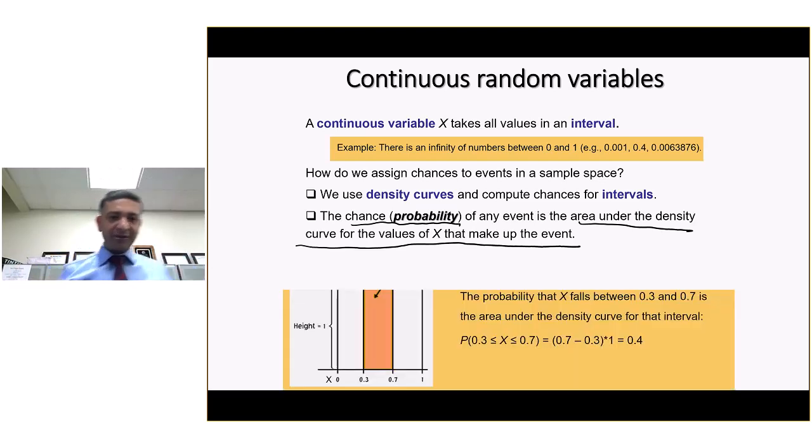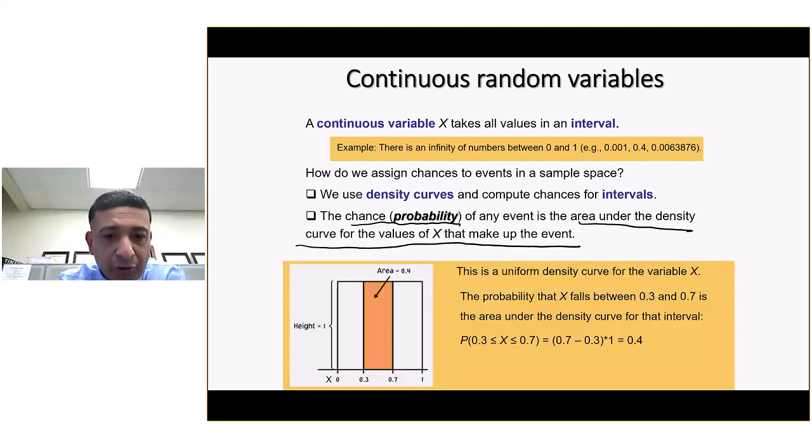So here is a perfect example. This is a simple uniform distribution, okay, for x that takes values between 0 and 1. And you have the height, which is constant at 1, which makes this a uniform distribution. So if I ask you the probability that x falls between 0.3 and 0.7, so this is your x, right? That's your data.